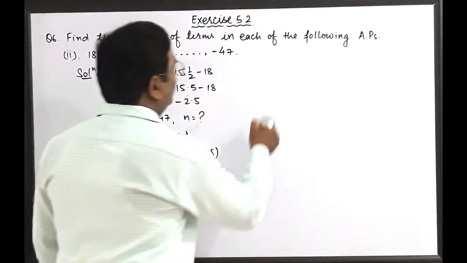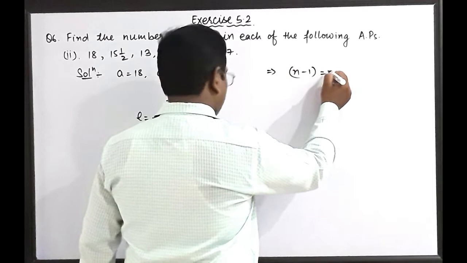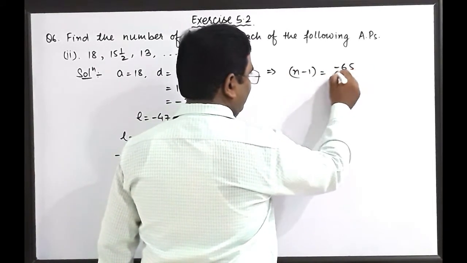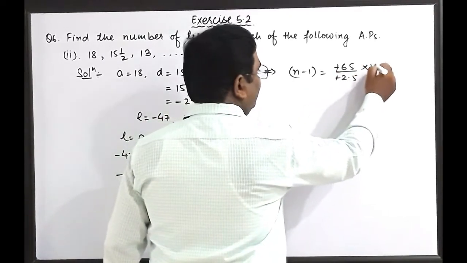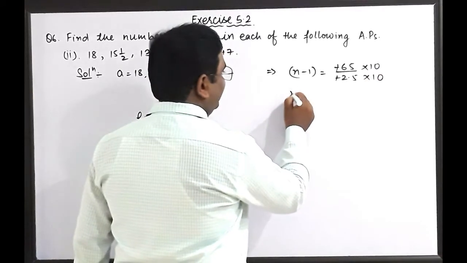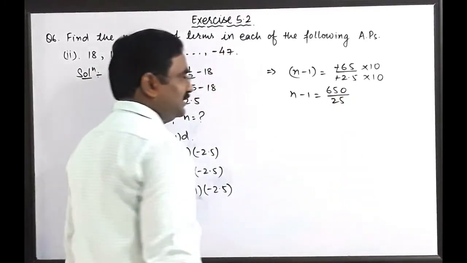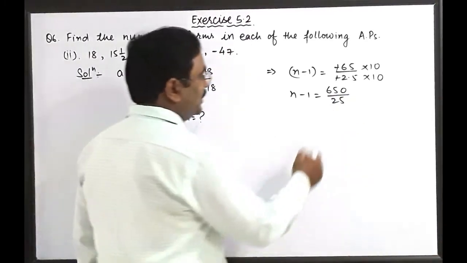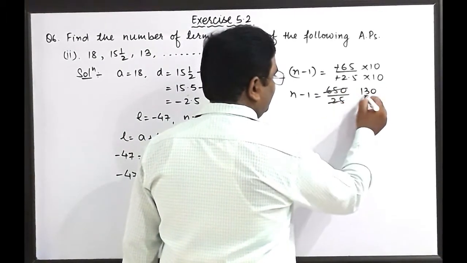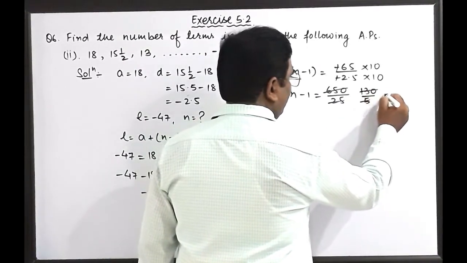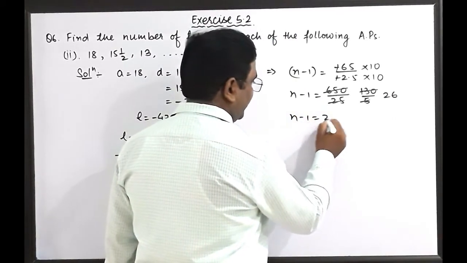So therefore this becomes n minus 1 equals minus 65 divided by minus 2.5. Minus is cancelled and multiplied by 10. So n minus 1 is equal to 650 upon 25. Let us simplify it. 5 by 5, 5 1 is 5, 5 3 is 15, 5 5 is 25, 5 2 is 10, 5 6 is 30. Means n minus 1 is equal to 26, you got.